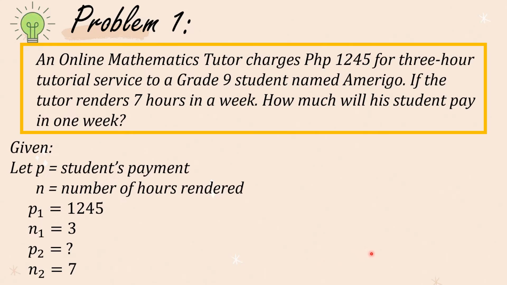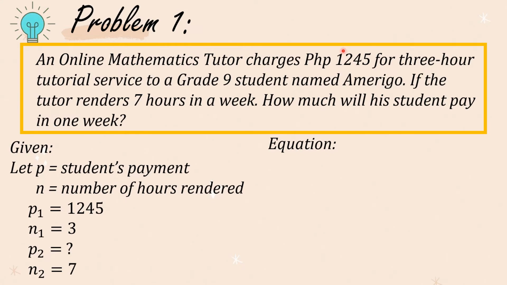After that, we can now proceed in creating the equation. So, let us analyze the problem. Kapag ba lumaki ang oras, lalaki rin ba ang bayad? Yes, tama. Since ganun, alin kayang variations yung merong ganong relationship? Tama.